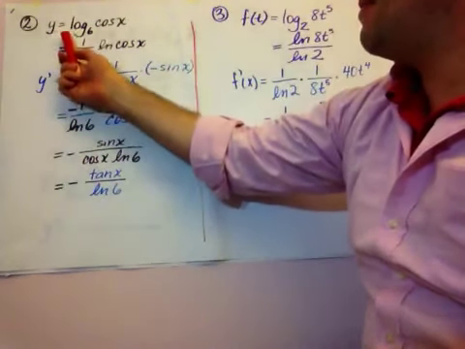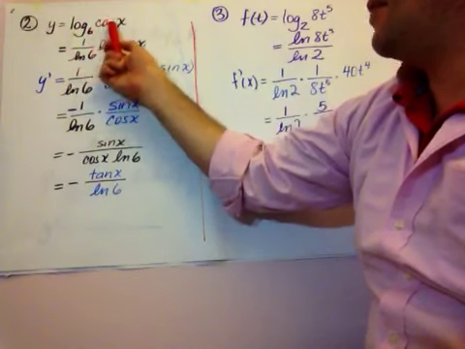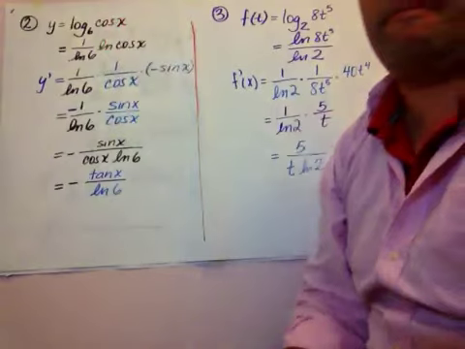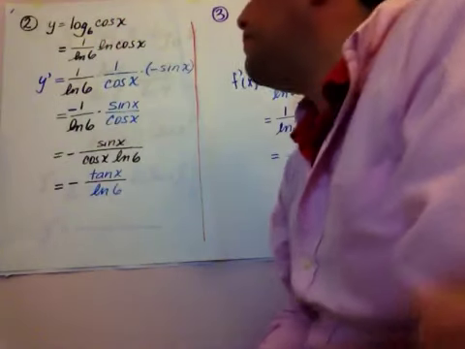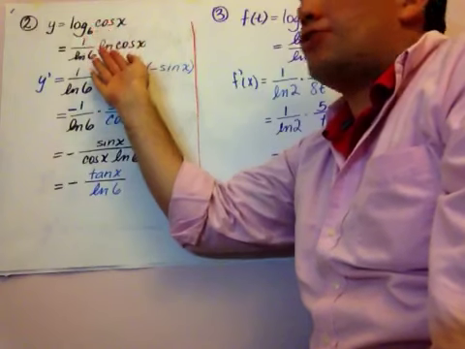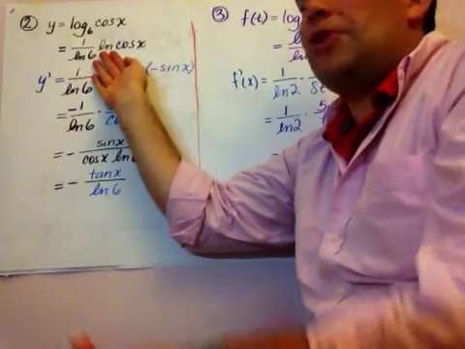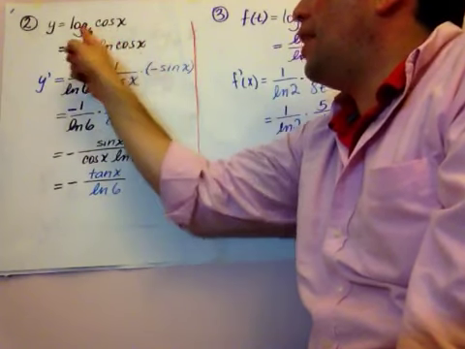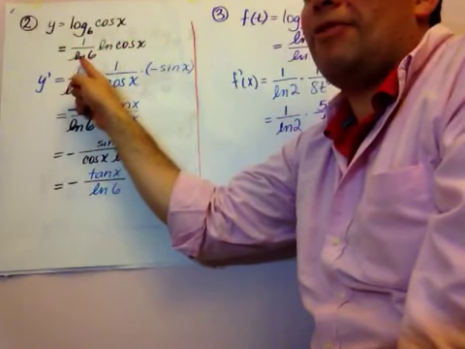What if we have logarithm base 6 of cosine of x and we want the derivative? So, first we're going to transform it into natural logarithms. Just as we just saw, this is the natural logarithm of the cosine divided by the natural logarithm of the base, which is 6.